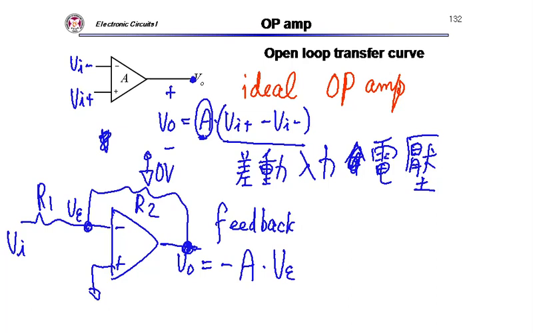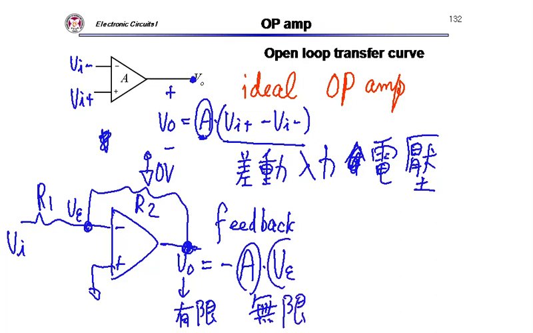So this is finite, finite, finite, and this is infinite. Then this should be 0, okay? Because gain A is infinite, the V epsilon should be very, very small. We just assume it's 0.